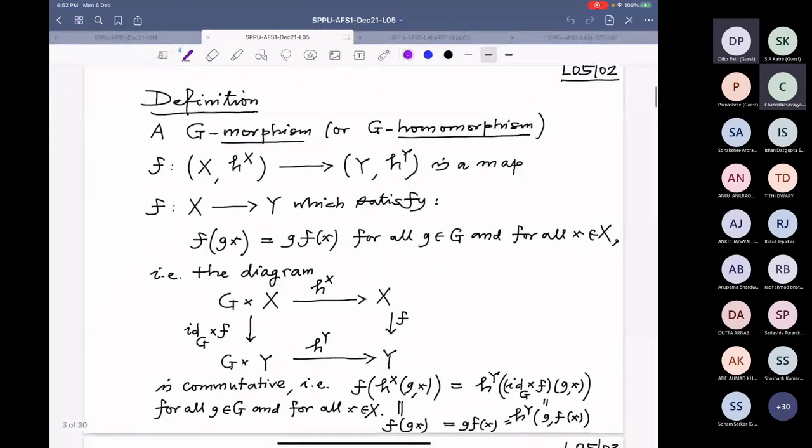Now I'm defining a morphism, or G homomorphism, from one G space to another G space.